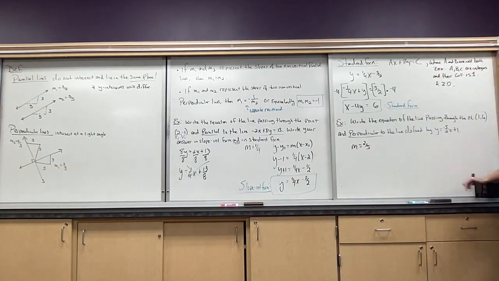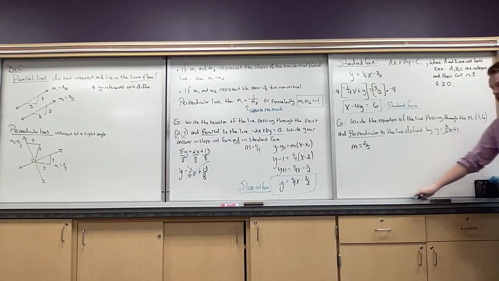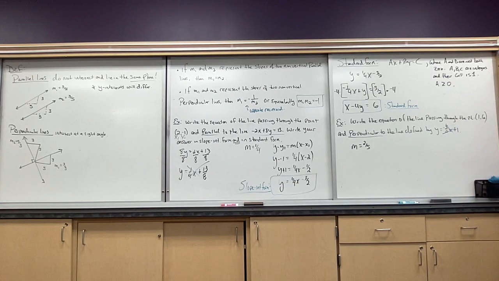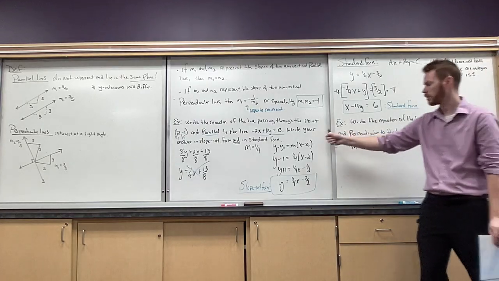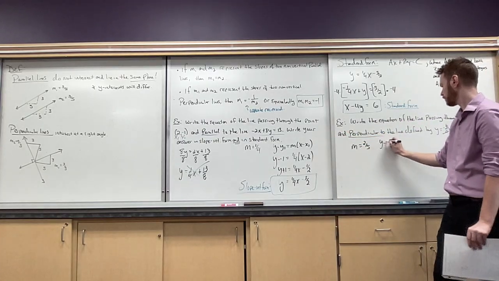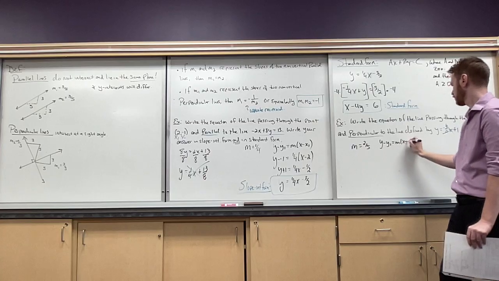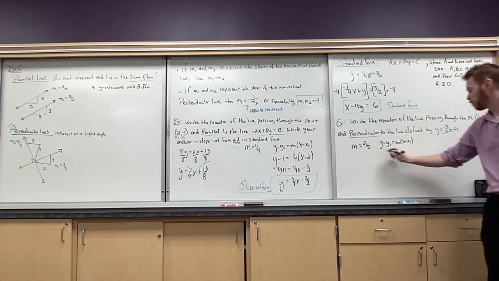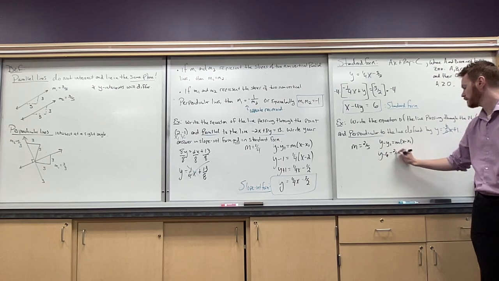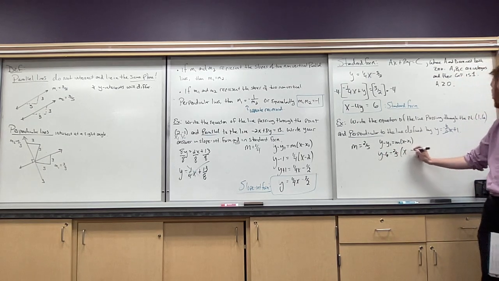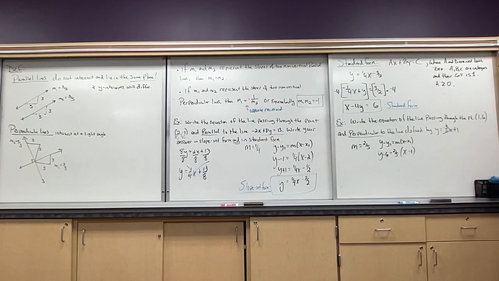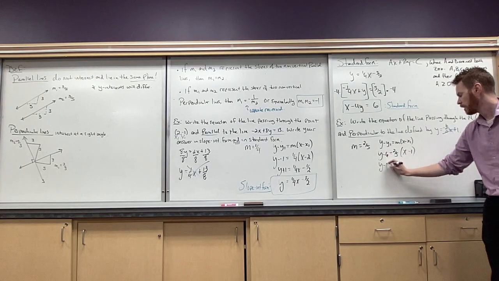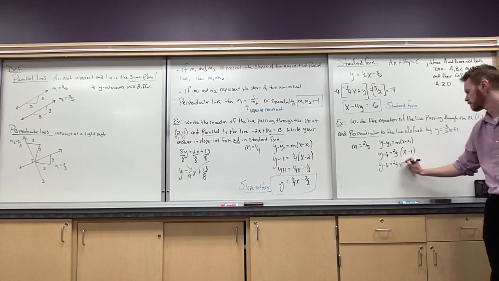Okay. And again, once we find the slope, that's gone. Okay, there's no other use for that equation. Now we have the point, we have the slope, we're going to plug it into our point slope form and solve it. So that's going to give me y minus 6 equals 2/5, and then x minus 1. Okay, so this is going to be y minus 6 equals 2/5 x minus 2/5.